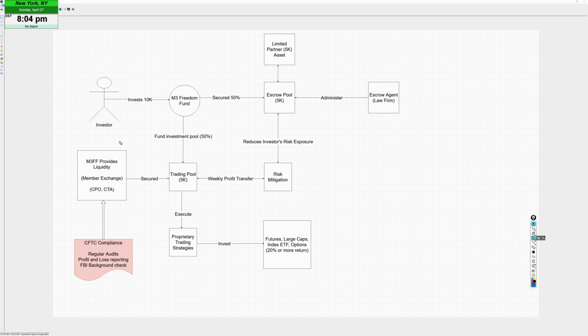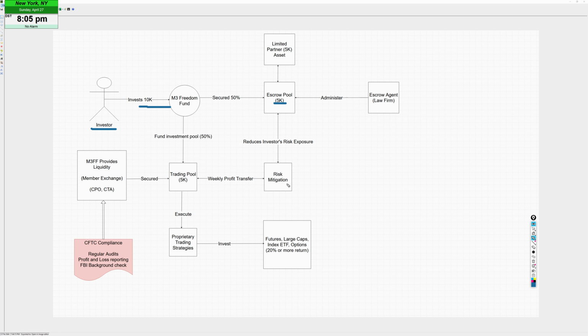From an investor's perspective, and that is all of our future investors, let's say in this example we are making an example of $10,000 invested. So you invest $10,000 in the M3 Freedom Fund. Immediately, we take 5,000, which is 50% of that, and we put that into an escrow.